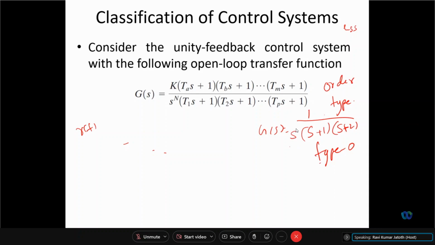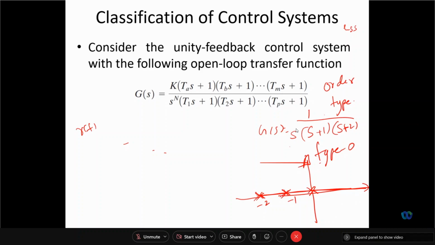If you have the transfer function 1 by s(s plus 1)(s plus 2), how many poles are there at origin? One pole. This is the pole-zero map. Here you have one pole at origin, another pole at -1 and another pole at -2. These poles are indicated by cross marks. So this is a type 1 system.